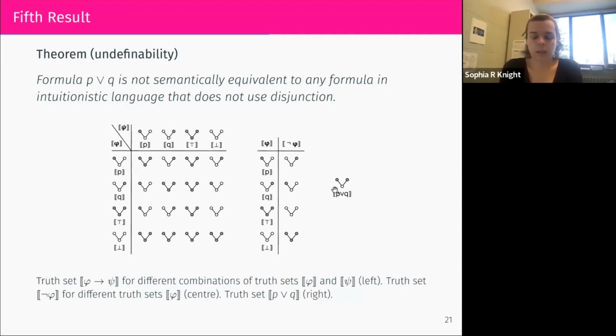And then here's our P or Q formula. It does not show up anywhere in the rest of our algebra, which is the result of applying all the other operators. So we prove that P or Q is undefinable in terms of negation and implication. And again, we had to pick a specific P and Q to make this proof work, different from the P and Q we used in the earlier proof.